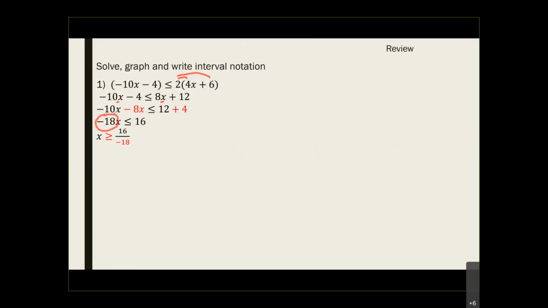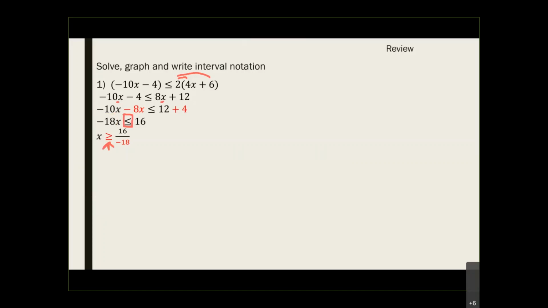Because we divide by -18, remember, this is what we have right here: your inequality is less than, now it becomes greater than, okay? So make sure that you remember this on your test, on your final exam: every time you divide or multiply by a negative number, your inequality switches direction.